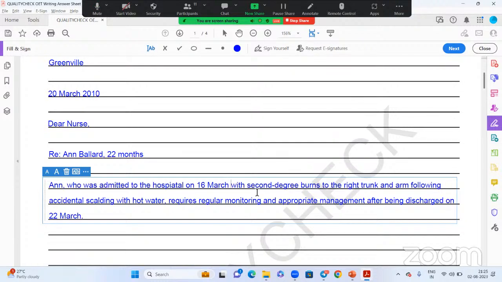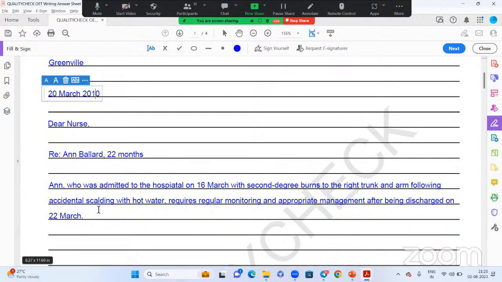So if it is the same year, no need to repeat. That's what I'm telling you. No need to repeat. So 16 March, 22nd March. So that's it. You're going to write.